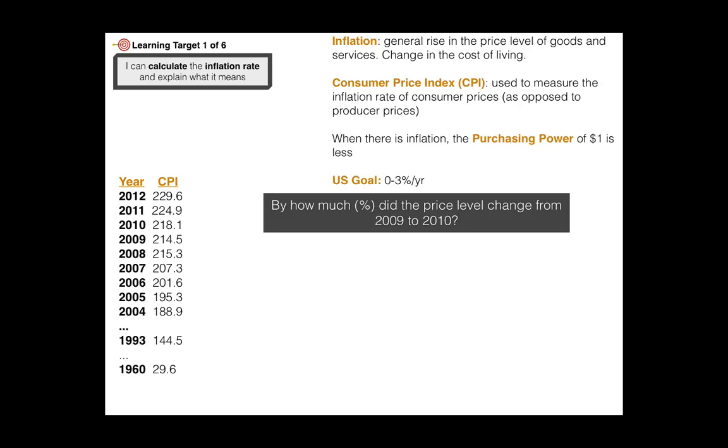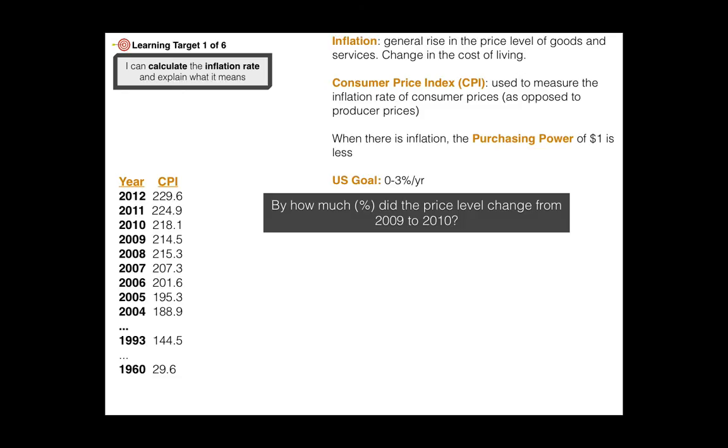At the left here, you can see the CPI numbers for the United States from 2004 to 2012. These are the actual numbers, and it's just a number. That's not a dollar figure. It's not a percent figure. It's just an index number. The next learning target will derive that number, but for now, we'll use those numbers to calculate the inflation rate.